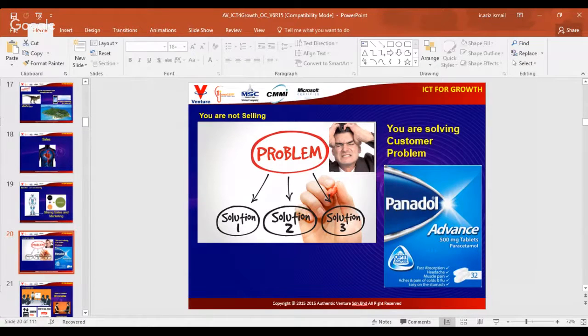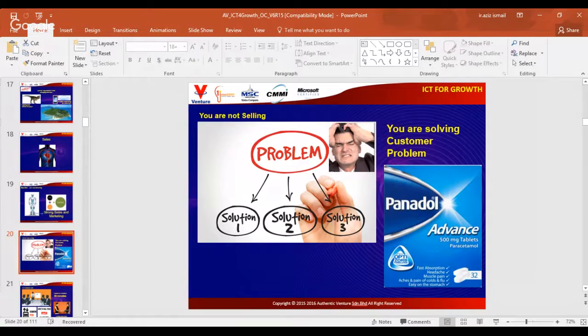So stop thinking that you are selling. You are actually helping your customer solve their headache. Everybody, when they run their company or their organization, has a headache, and you are helping them solve it.